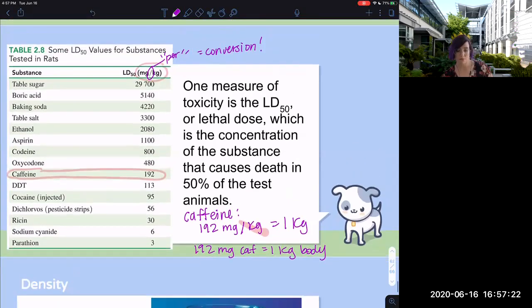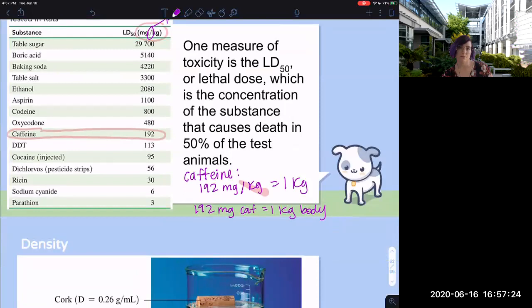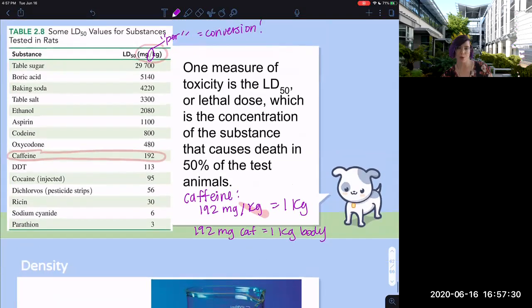This is for rats. That's how you take anything with per and turn it into a conversion. Miles per hour, doesn't matter. Anything with a little slash, per, conversion factor. Write it as an equality, and then we can flip it upside down, do whatever we want with it.